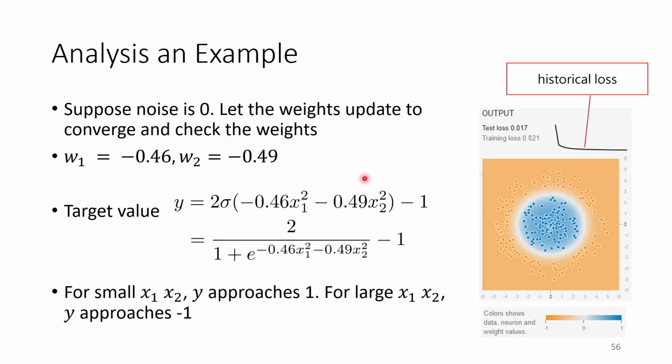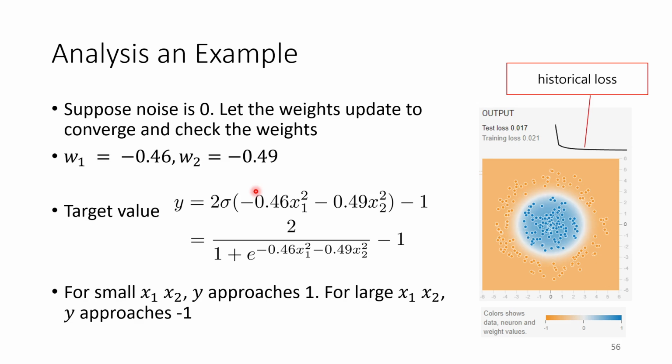So let's see an example. If I set the noise as 0 and I train the network, we get the two parameters W1 and W2 using this equation.